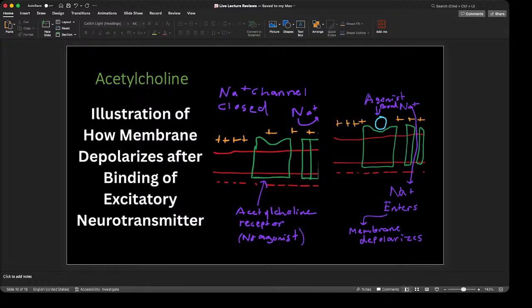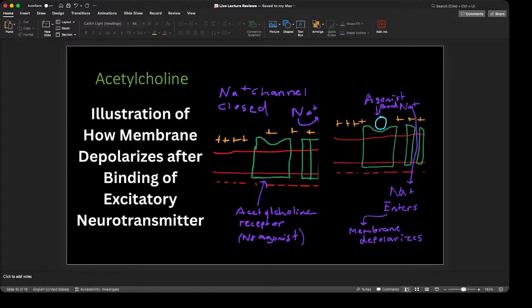And now acetylcholine, this is just an illustration of how the membrane depolarizes after binding of an excitatory neurotransmitter. Now these diagrams are not perfect, but at least they can show you an illustrative idea as to the processes and how they work. So you could see here, acetylcholine by itself, the receptor is not going to do anything.